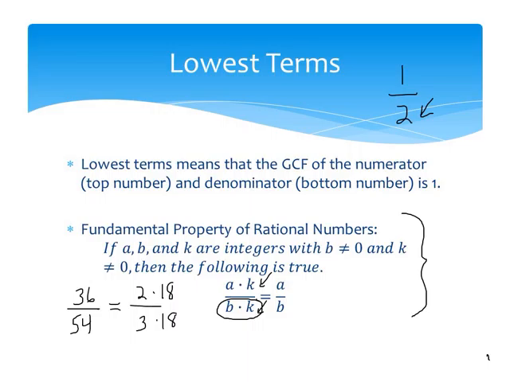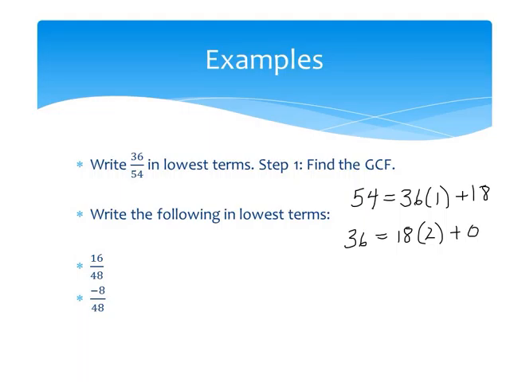Let's look at how we'll apply this fundamental property of rational numbers to make lowest terms easier. So let's go back to that 36/54. Most of you would not immediately start with 2/3. Your first step would be to find that GCF, and you would actually be working backwards to divide it out.